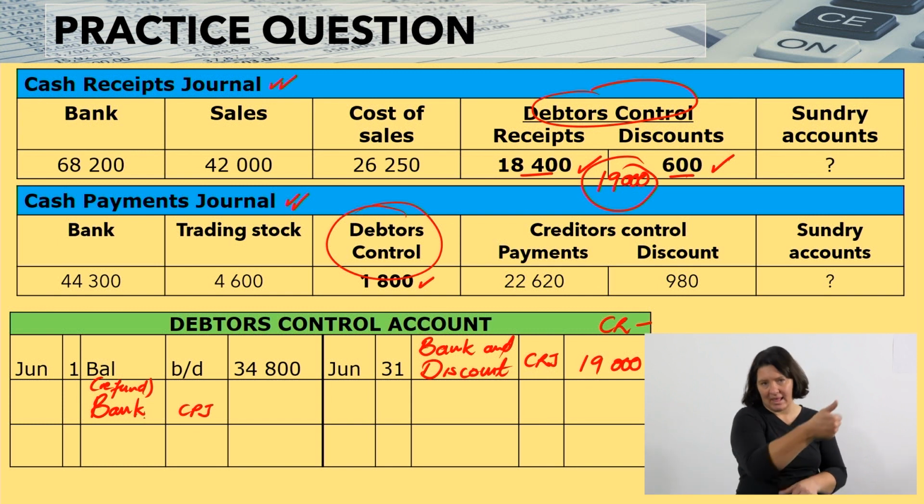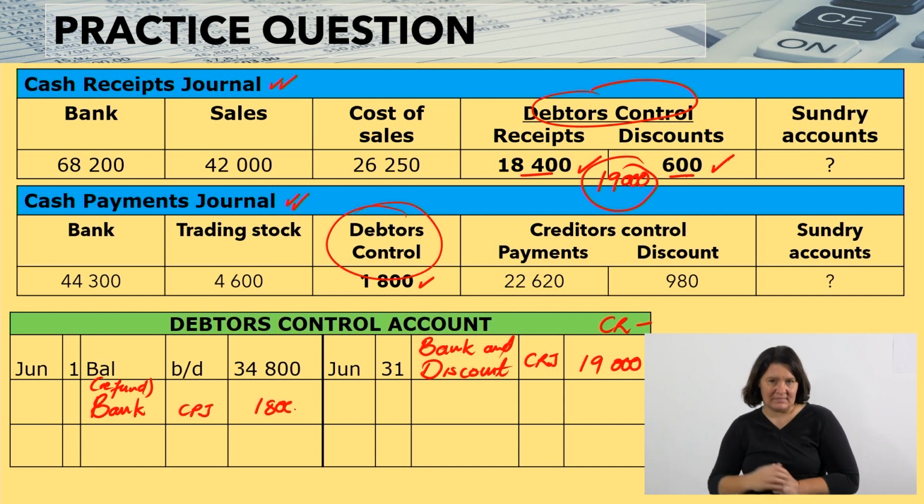All right, so it's bank, CPJ, and I know this is a refund, and this is for 1,800. This is the refund from the CPJ. Debtors paid us, but they paid us more, and the amount of money is 1,800. So we will refund those debtors, and the amount should be recorded in the CPJ.